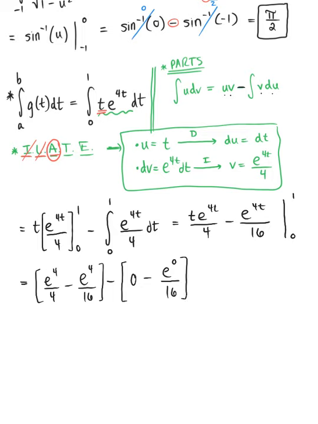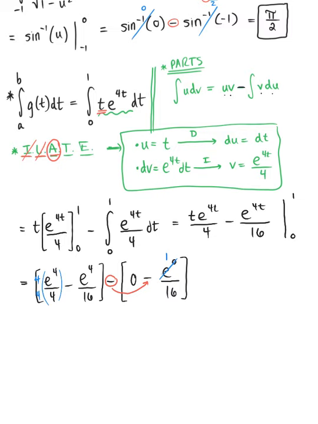And look at all this nice simplification here. With these first two terms, we can actually get a common denominator if we multiply by 4. And we know, of course, that the natural exponential raised to the 0 goes to 1. So the only thing, of course, to be mindful of is the negative.